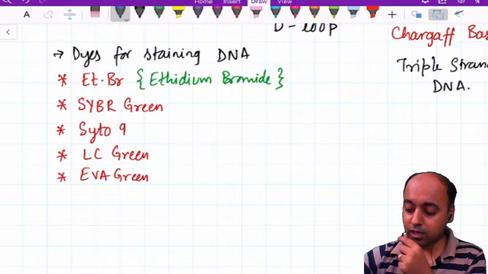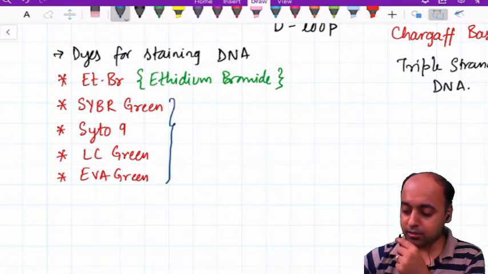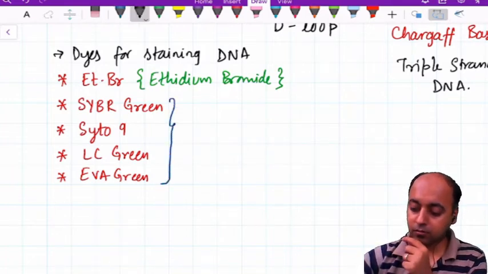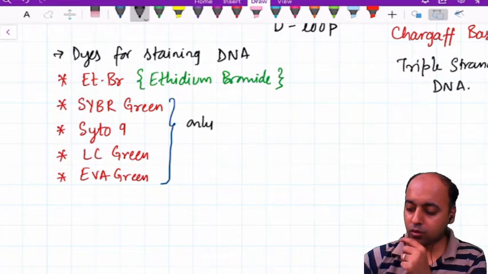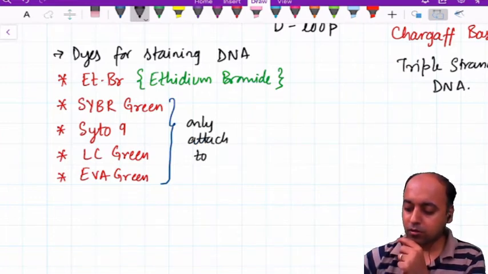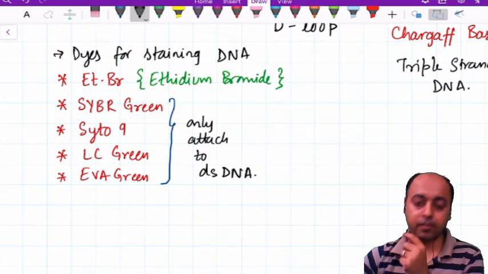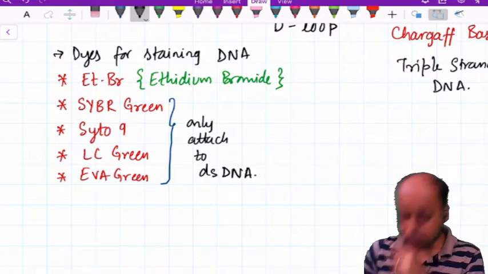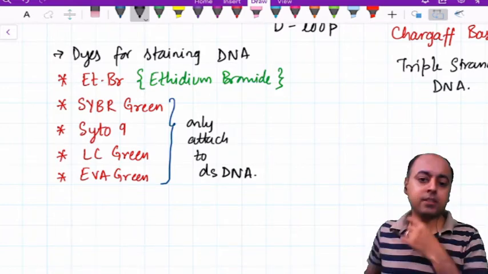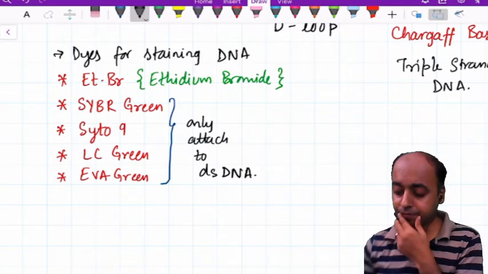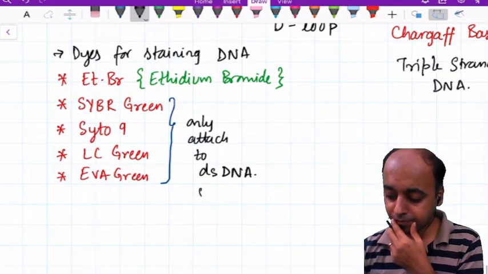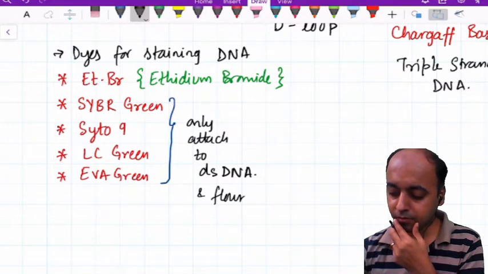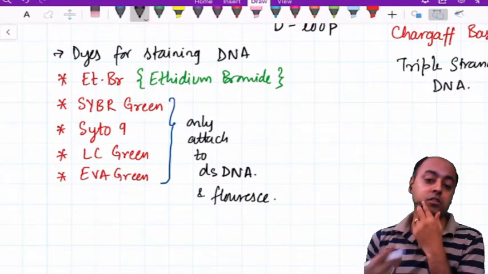An additional advantage of using these newer dyes, they will only attach to the double stranded DNA and fluoresce.